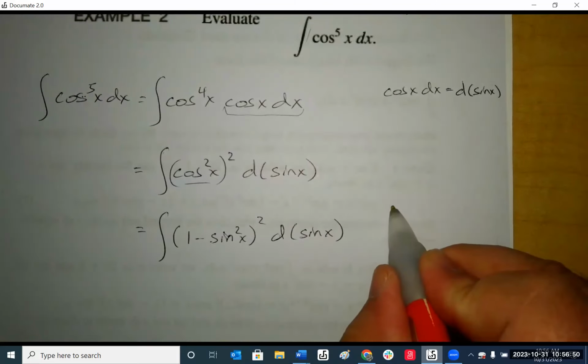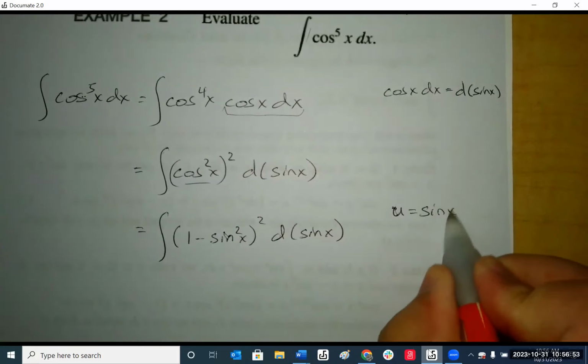Since we have sine everywhere, we'll define u as sine x.